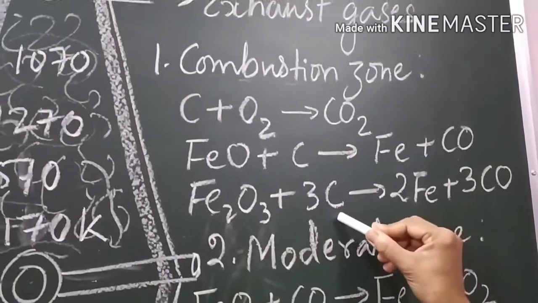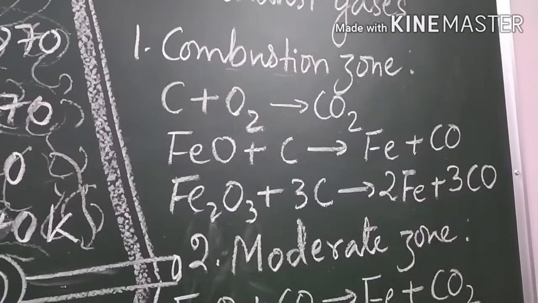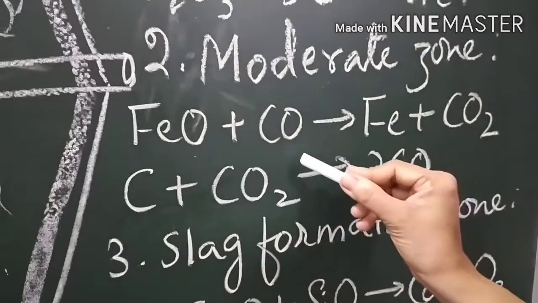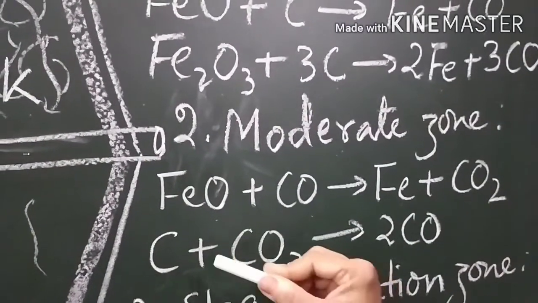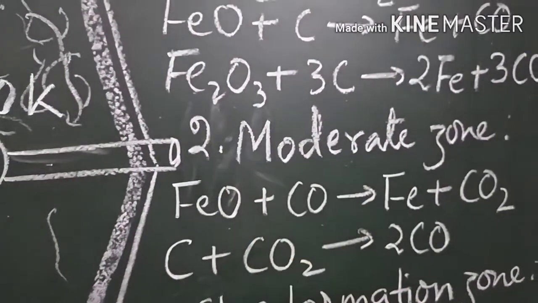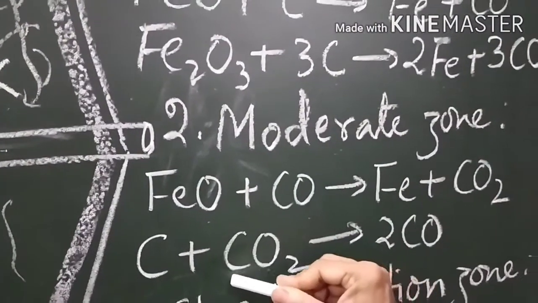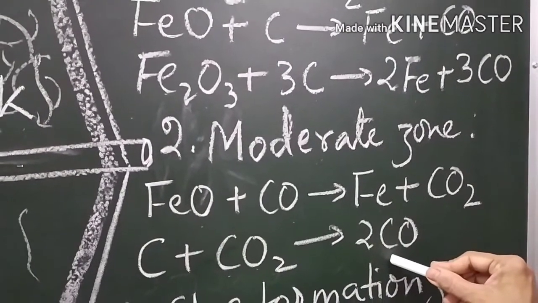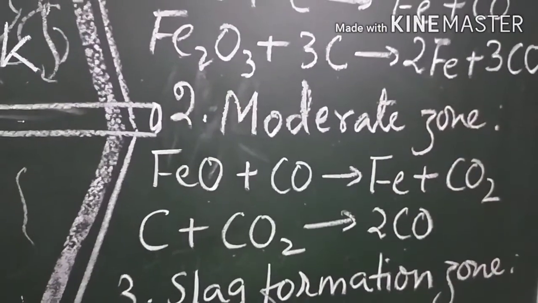Ferric oxide also gets reduced by carbon to iron and carbon monoxide. Then in moderate zone, ferrous oxide combines with carbon monoxide to form iron and carbon dioxide. Then carbon, the coke which we have taken, combines with carbon dioxide which is formed in the combustion zone and converts into carbon monoxide, and it again starts reacting with iron oxide.